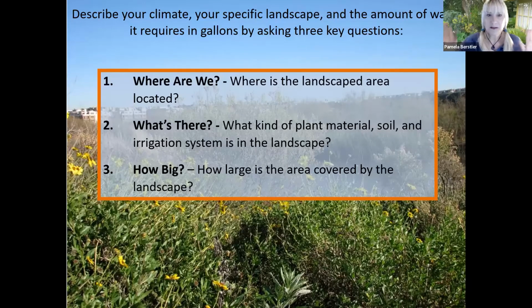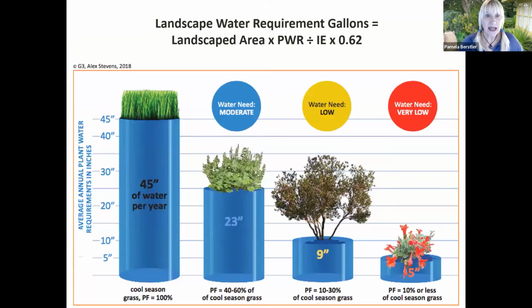And I don't even include irrigation efficiency usually in these conversations, because it scares people, because if I put irrigation efficiency in there, it would be twice as much. And then, how big is the landscape? And once we become facile with that, it becomes very easy to start doing these water budgeting and rainwater capture calculations.